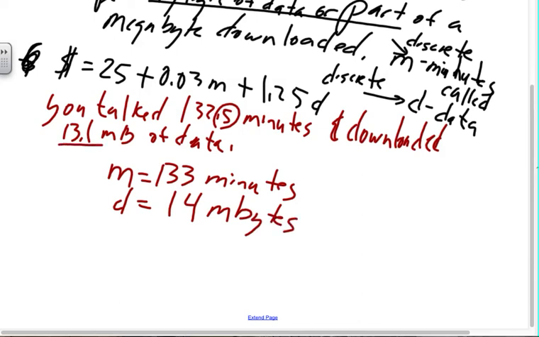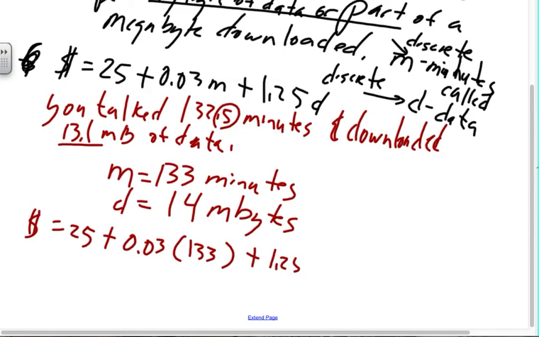And again, just because you went over, they're going to round it up. And now you can plug it into this thing, and I'm not going to do the arithmetic, but it will be $25 plus 0.03 times 133 plus 1.25 times 14. And again, this is discrete, and you can actually make a graph by plugging in different numbers for these things.